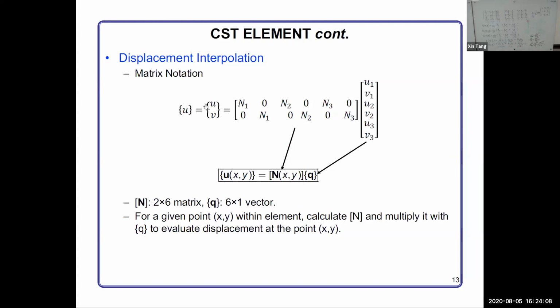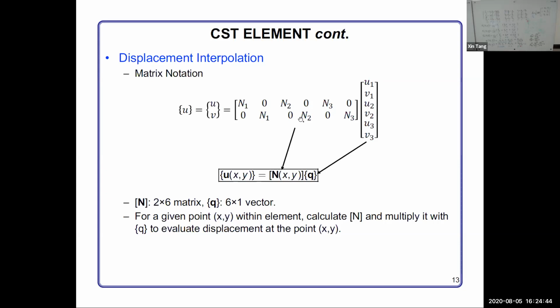Now, these two equations, U and V, can also be written in matrix notation. U equals N1 times U1 plus N2 U2, and so on. When you do matrix multiplication, the inner dimensions must be equal.